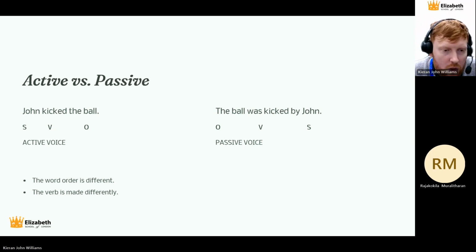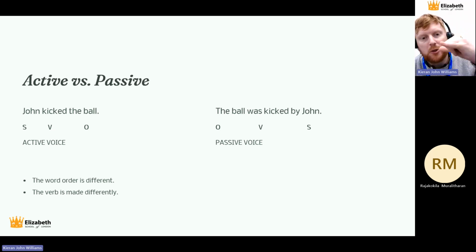Now, we can have a different type of sentence, which is the passive voice, and this is a little bit different. In the passive voice, we have changed the order of the sentence. The object comes first, then we have the verb, and then we have the subject.